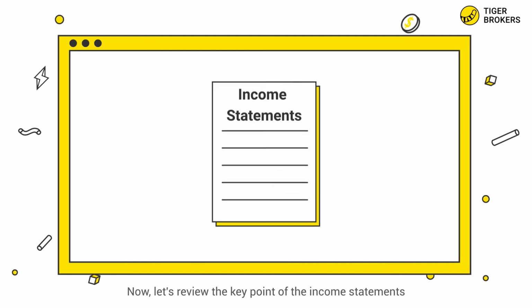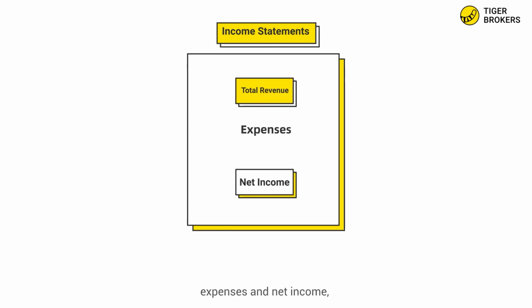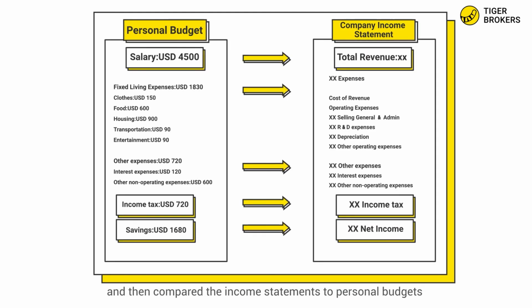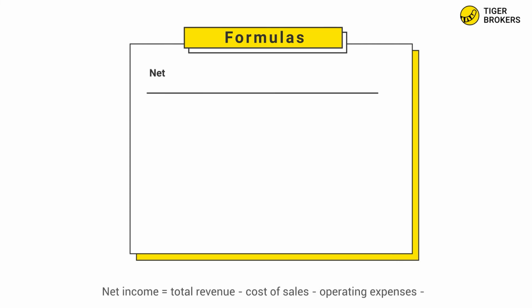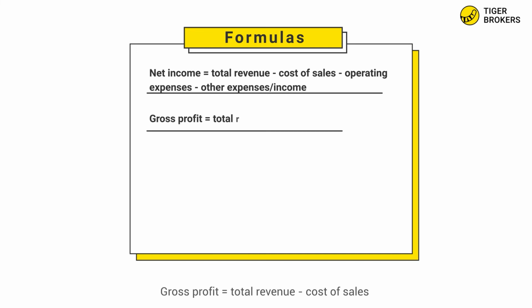Now let's reveal the key point of the income statements. In this section, we first learned about the framework of the income statement, including total revenue, expenses, and net income, and then compare the income statements to personal budgets. Next, we learned a few formulas. Net income equals total revenue minus cost of sales minus operating expenses minus other expenses or income. Gross profit equals total revenue minus cost of sales.